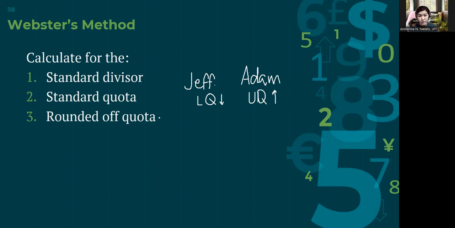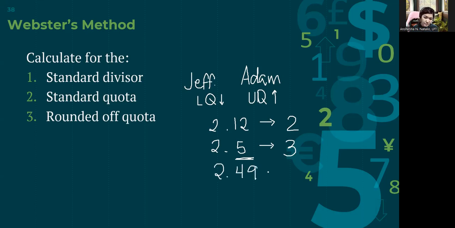When we say round off, let me give some examples. Say, 2.12. If we round it off, this will just be 2. Let's say 2.5. Now, this will be 3, as long as this is 0.5 and above.